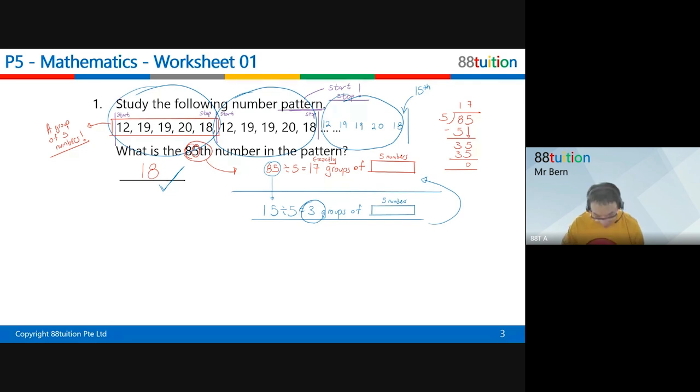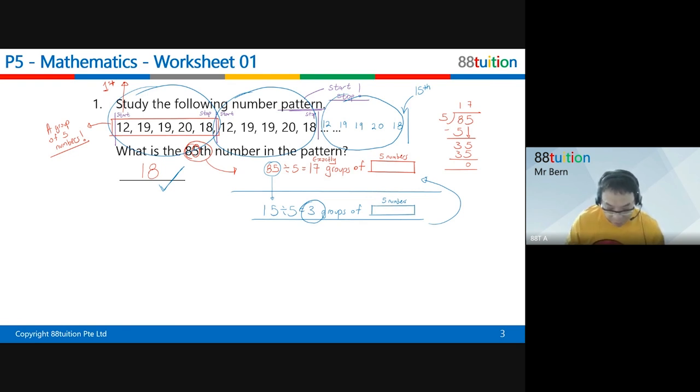Why not start from 19? So the pattern, can you see now down here? The very first number given by the question is 12. Joanne, the question is given by the teacher.